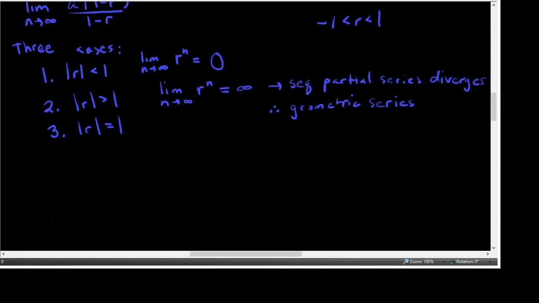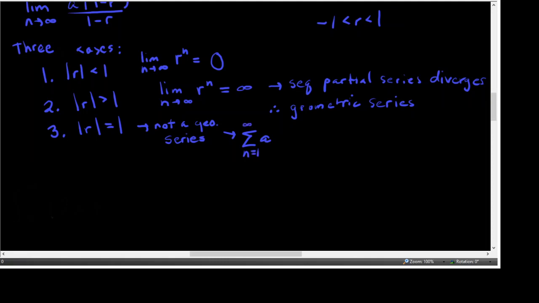Well, if that's the case, it's really not a geometric series. Because if you just multiply by 1, that means that whatever your first term is, times 1 is it.